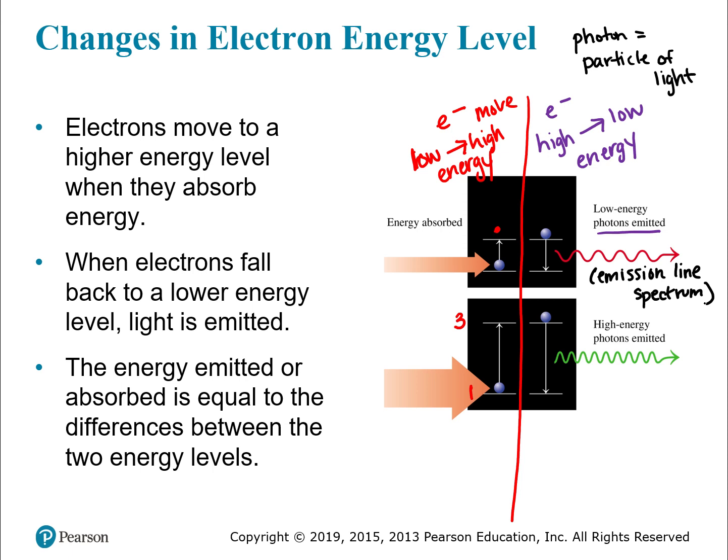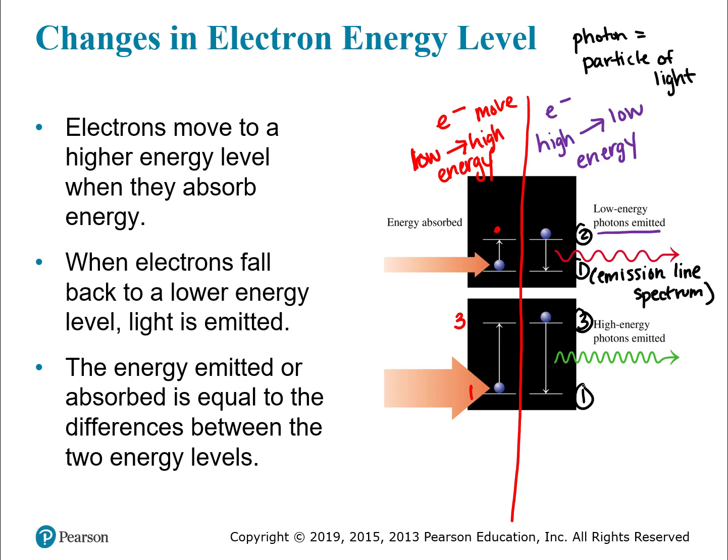If you're going from a really high energy, we'll call this one level 2, level 1, and this super high one, level 3. If you're dropping from 2 down to 1, you're going to emit some energy as a photon. If you're dropping from 3 down to 1, it's going to be a higher energy photon because the drop is more drastic.